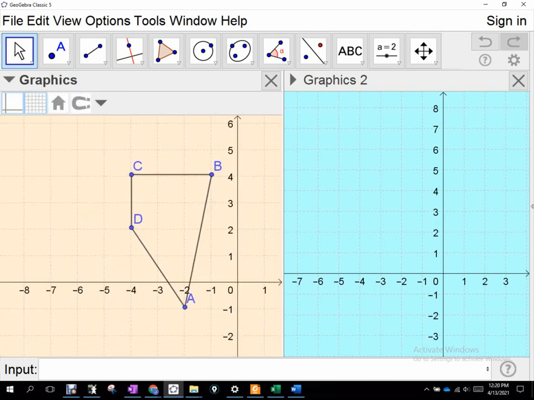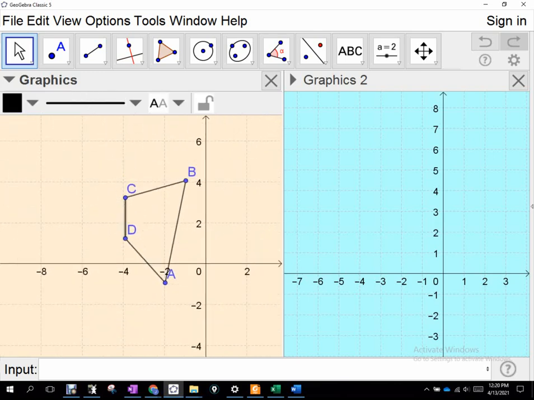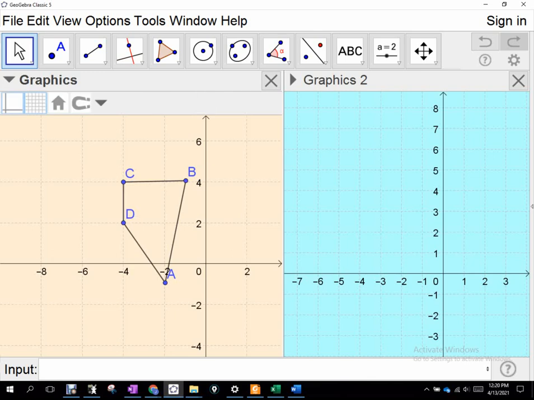Okay, so she put that image right there. Does that make sense to everybody?